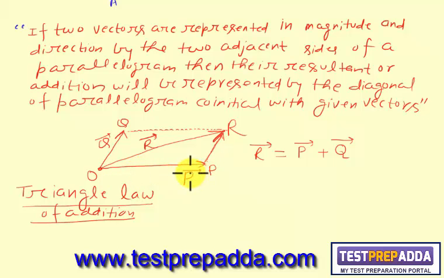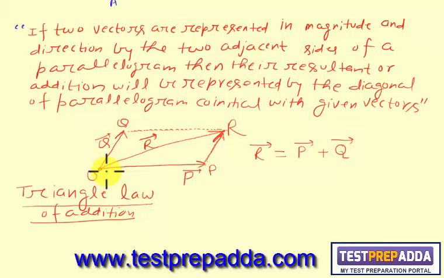if two vectors, for example P and Q, are represented by two sides of a triangle in the same order, then their resultant will be represented by the third side but in reverse order.